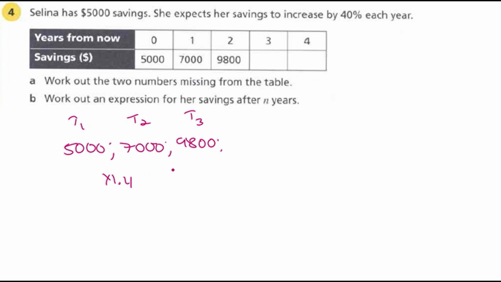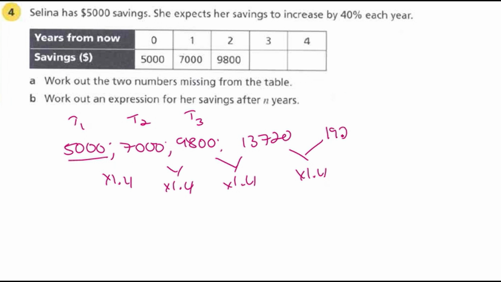Now check that 9,800 divided by 7,000 is 1.4. It is. So the next term, we're going to multiply 9,800 by 1.4, which is 13,720. And for the next term, we multiply by 1.4, which is 19,208.